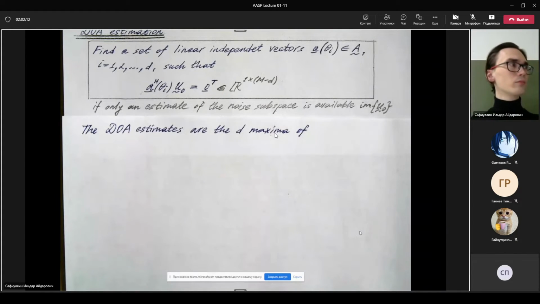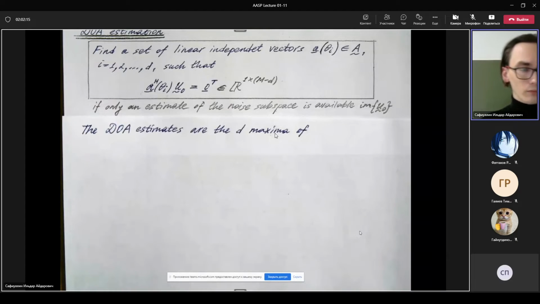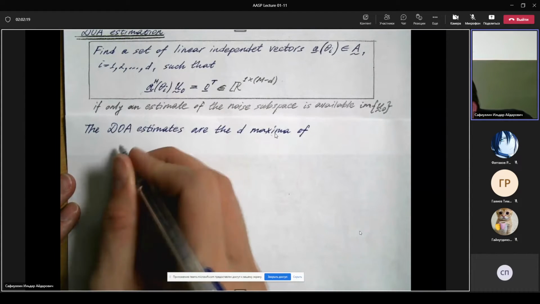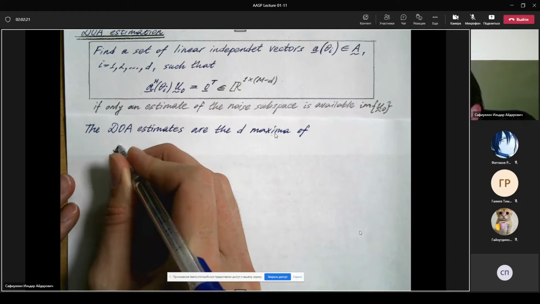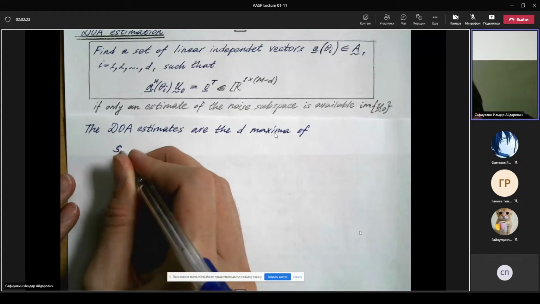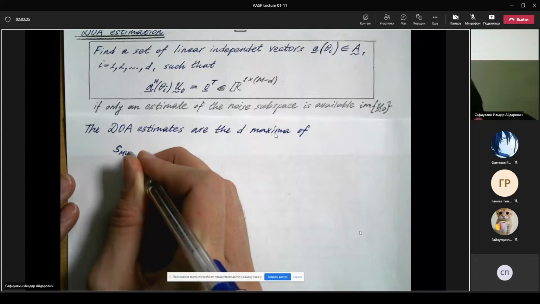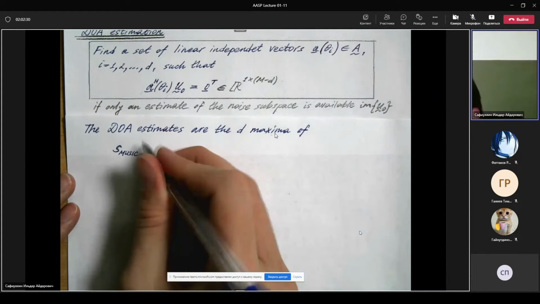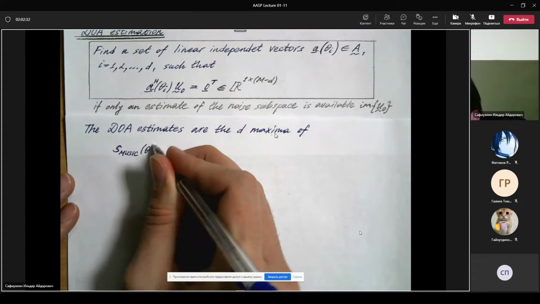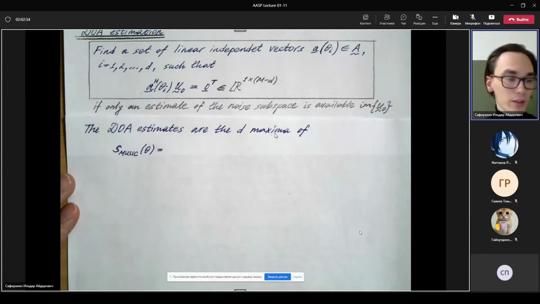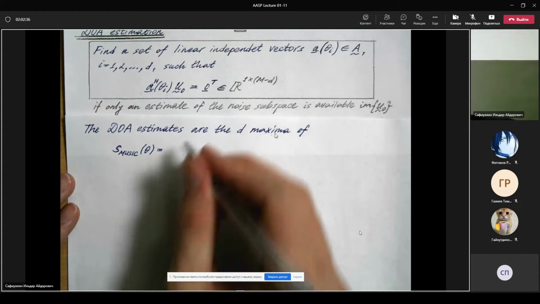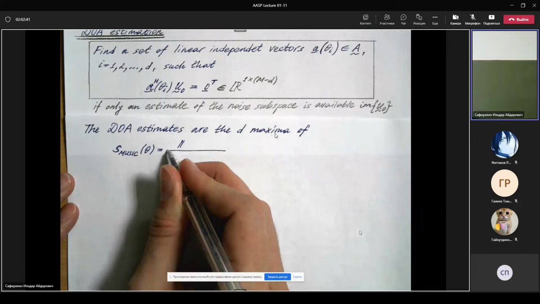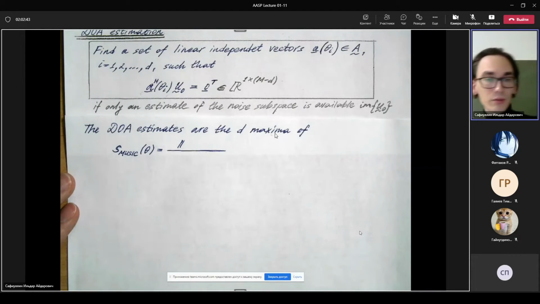So we have the spectral power S subscript MUSIC, which depends on theta, and this one is equal to a fraction.